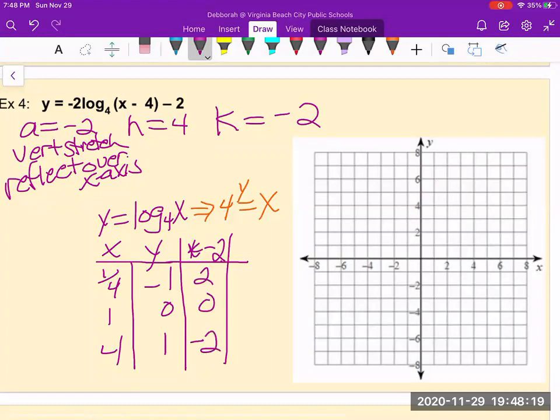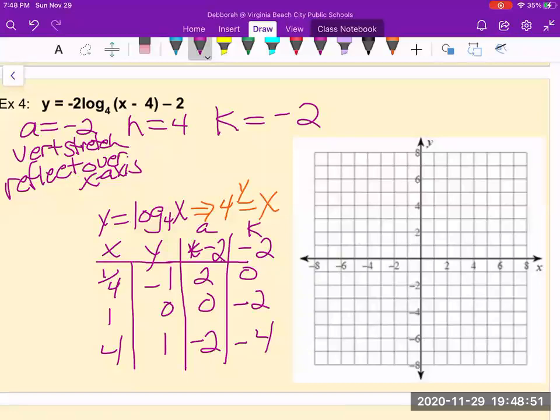Now we'll apply the value of k, which is -2. So this was a, this is k. So 2 minus 2 is 0, 0 minus 2 is -2, and -2 minus 2 is -4. Now let's apply our value of h. Since h is a +4 this time, we're going to add 4.